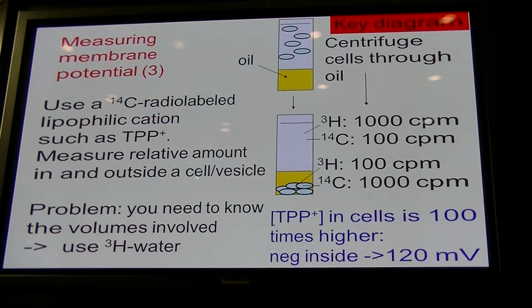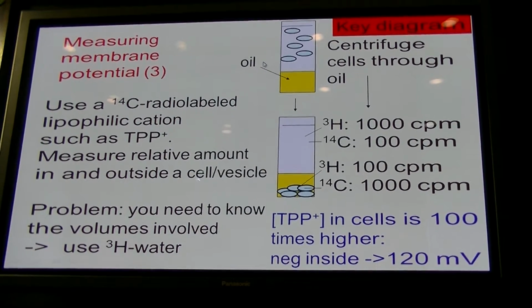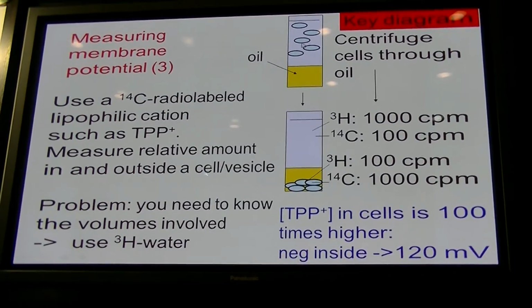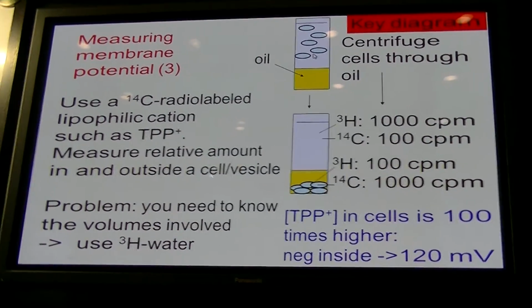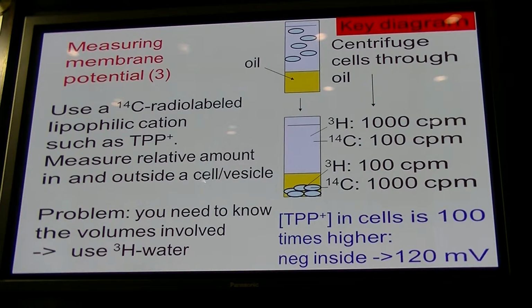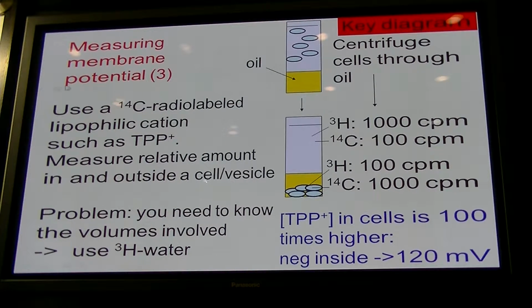Yes, we can. If we add the TPP+ to the outside, then if the membrane potential is as expected, positive out, negative in, the TPP will accumulate into these cells to a concentration that is predicted by the Nernst equation. So can we measure that? Yes, we can.